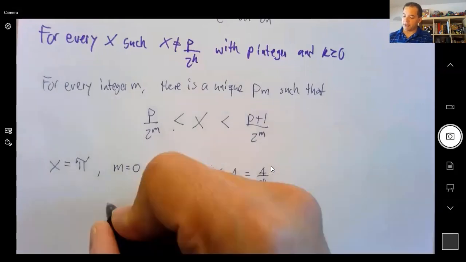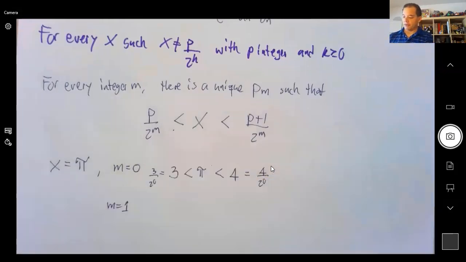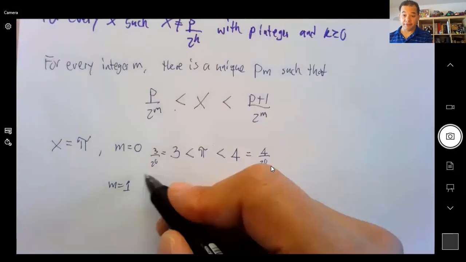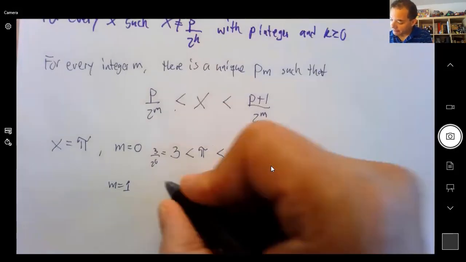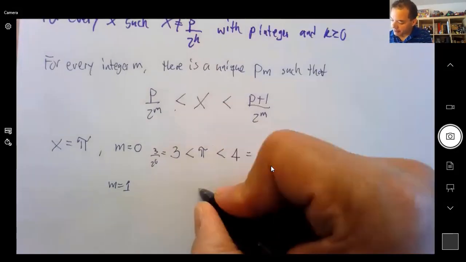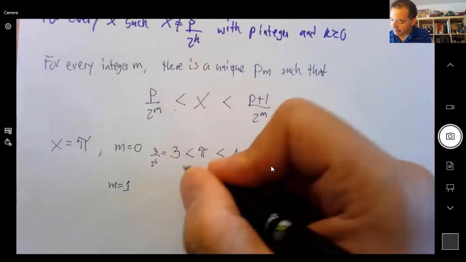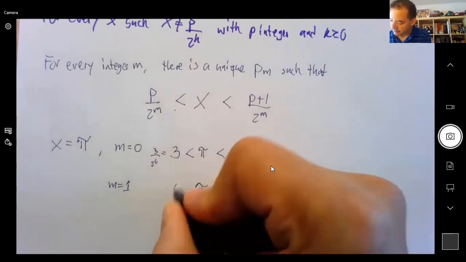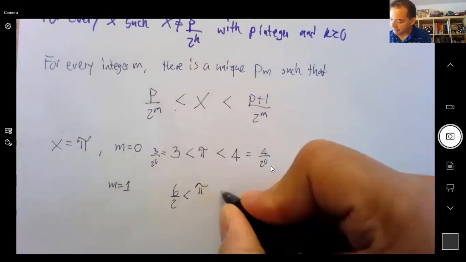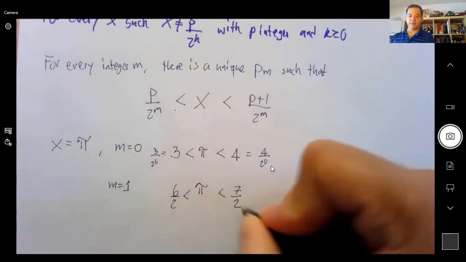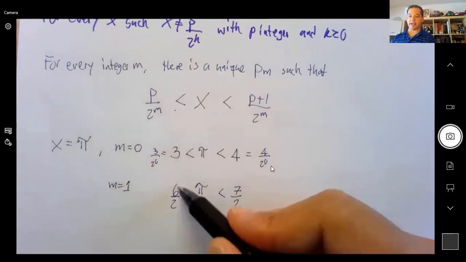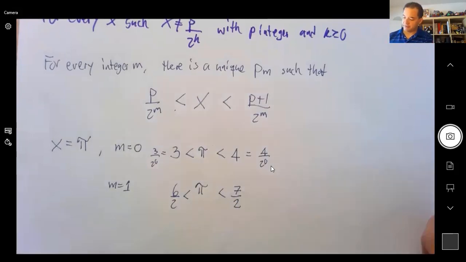Now, if you go m equals 1, now I'm using halves, right? So for halves, now I have that pi is between 6 halves and 7 halves, right? Because 6 halves is 3 and 7 halves is 3.5, correct?